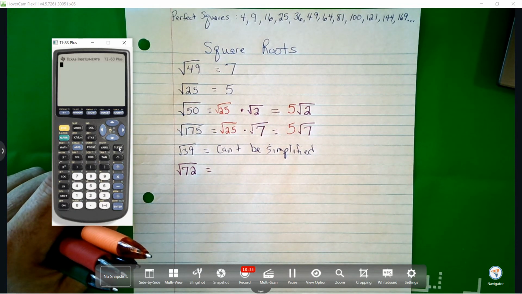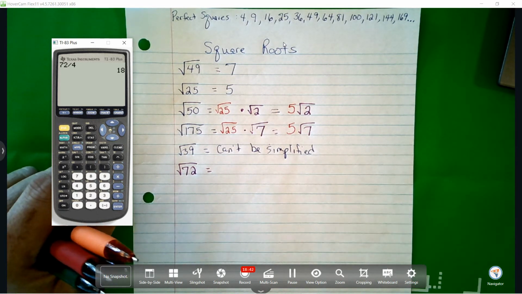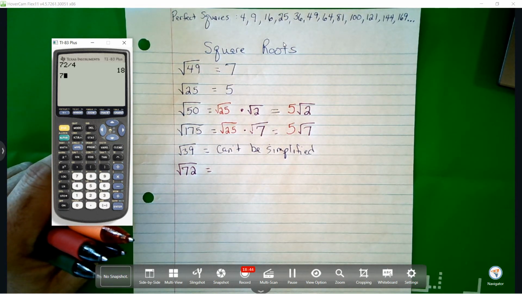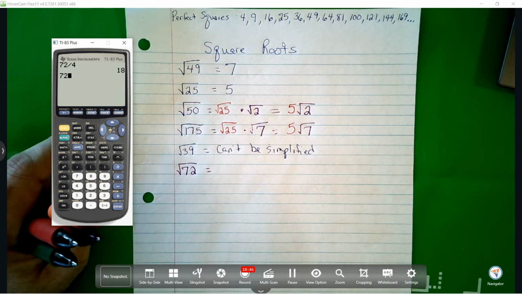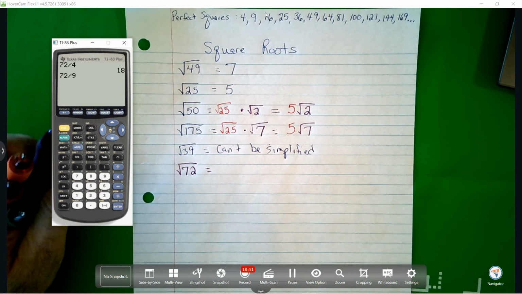Let me clear out all of that. If I'm at 72 divided by 4. Oh, okay, so 4 divides into it. But the biggest one. 72 divided by 9.